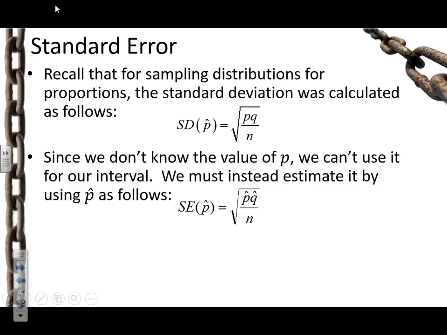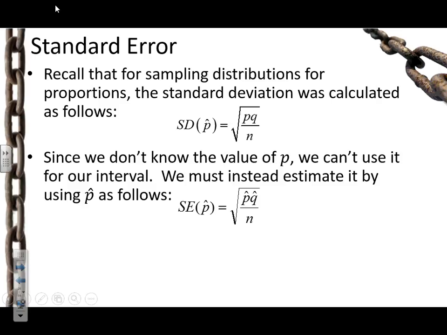So, first of all, we no longer call our value standard deviation. So it's not SD, we use the term SE, which we're going to talk about in a second. It's called standard error. So the notation changes. It's not a standard deviation, it's a standard error because it's based on a sample value, an estimate.